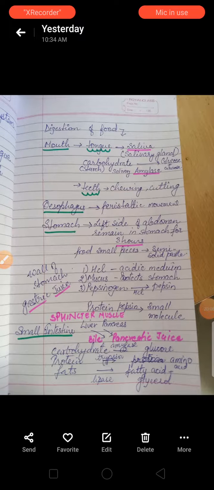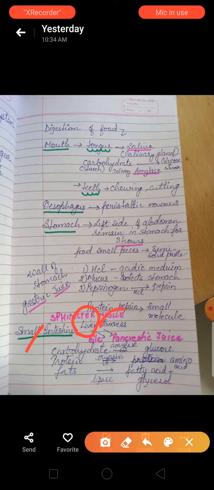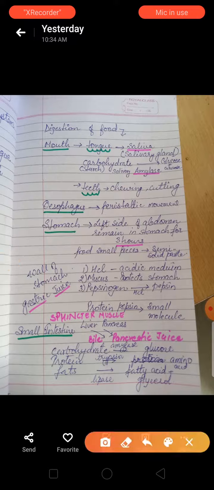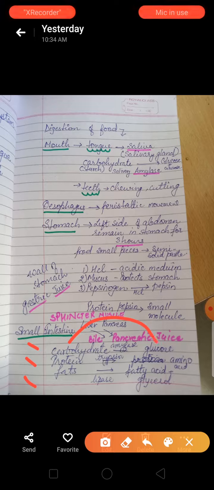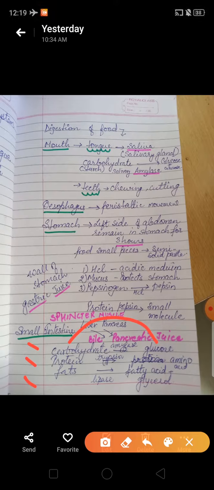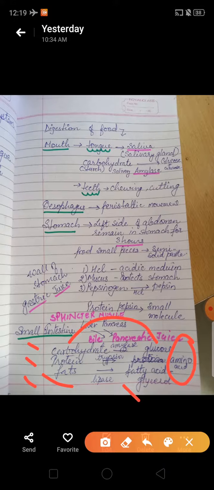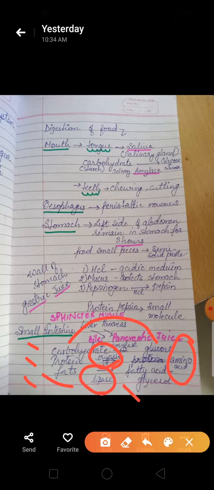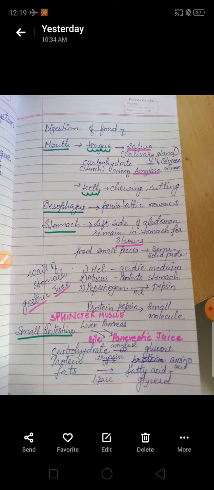So in the small intestine, we will first have the secretion from the liver and pancreas, and that will help in digestion of carbohydrate, protein and fat. Carbohydrate will be digested into glucose, protein into amino acid, and fat into fatty acid and glycerol. Fat digestion is done with the help of lipase, protein digestion with the help of trypsin, and carbohydrate with the help of amylase, specifically pancreatic amylase.